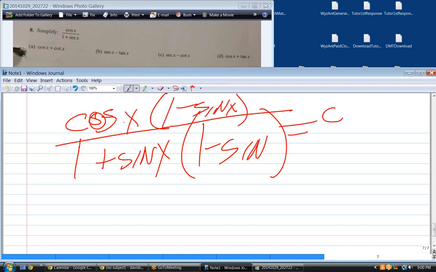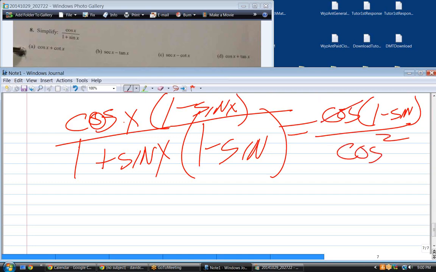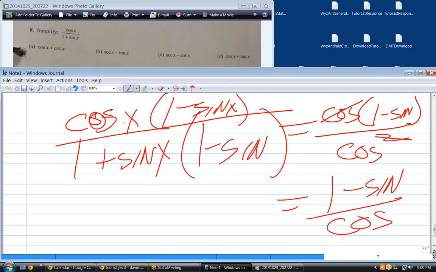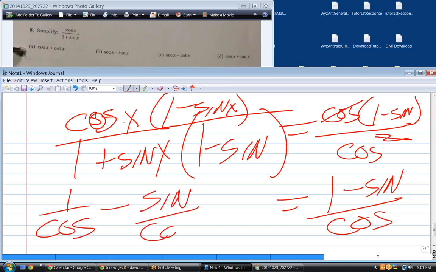So I end up with cosine times 1 minus sine all over 1 minus sine squared, which is cosine squared. Now, I canceled that with that, and I got 1 minus sine over cosine, which isn't one of the possibilities, but notice I can split that into 2 fractions. What are they? 1 over cosine and negative sine over cosine, so secant and negative tangent. So secant minus tangent.